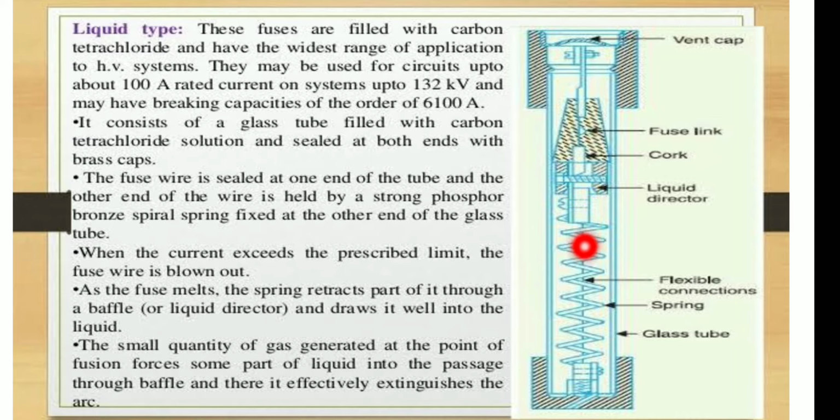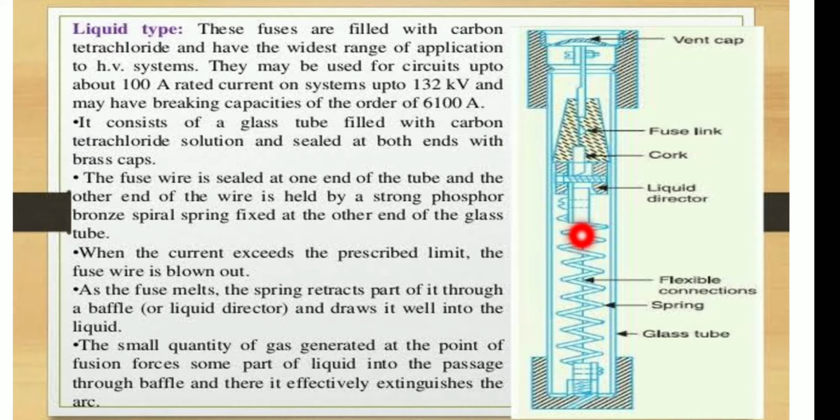That is carbon tetrachloride. And this kind of fuse is used for circuits up to a rating of how much? 100 amperes of rated current. Then system voltage up to 132 kV and having a breaking capability of 6100 ampere.